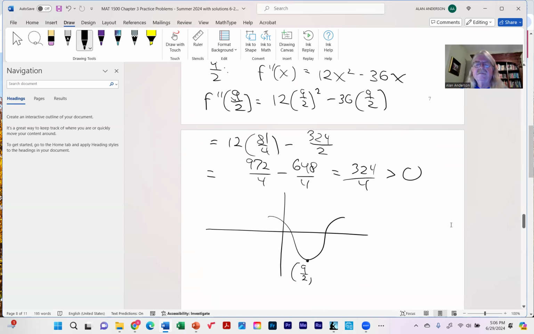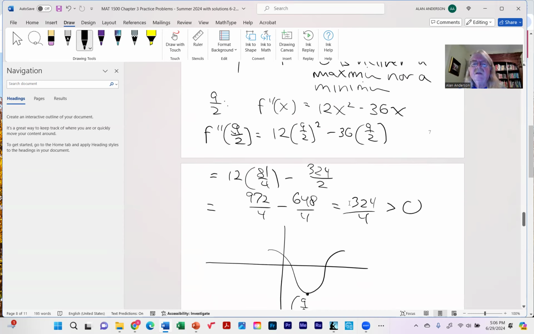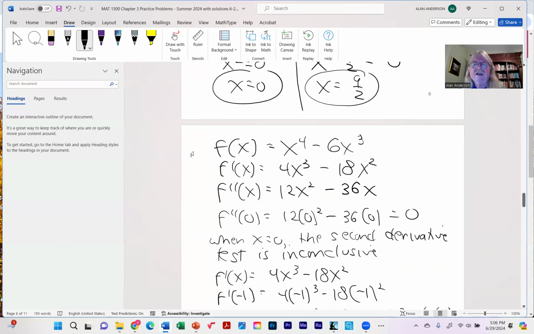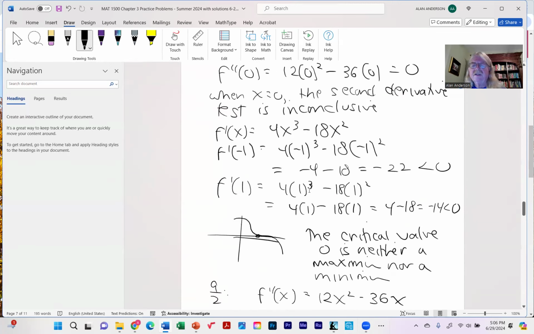So at 9/2, we can calculate the y coordinate from the original function. Let's just do that real fast. x to the 4th minus 6x cubed.